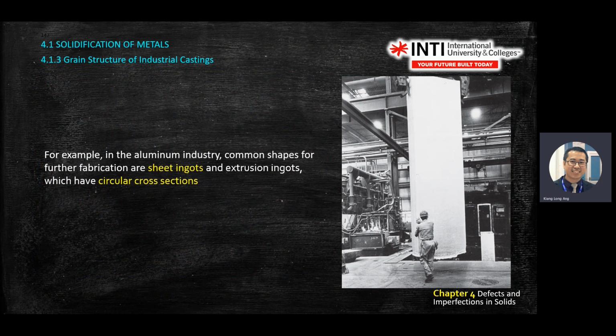So there are some terms when you go into the factory floor. The common shapes in the aluminum industry are called sheet ingots and extrusion ingots. The word ingot means the first shape that forms when you pour the liquid in and it starts to become a shape.